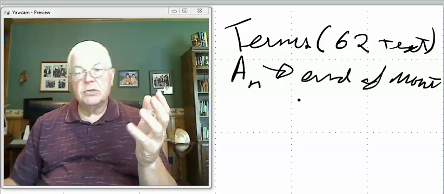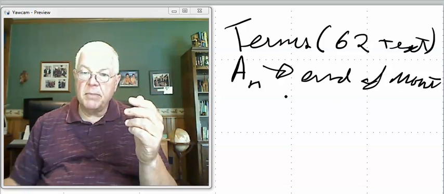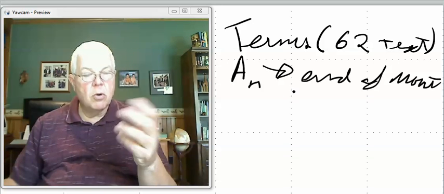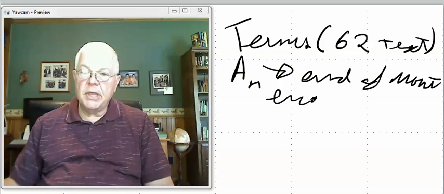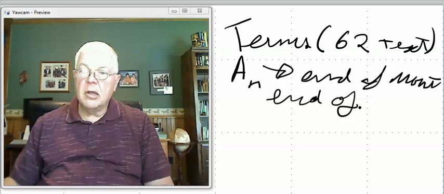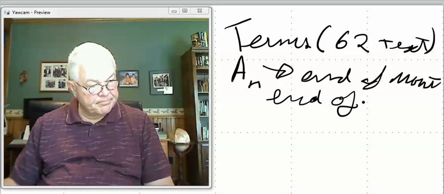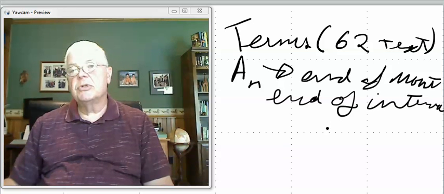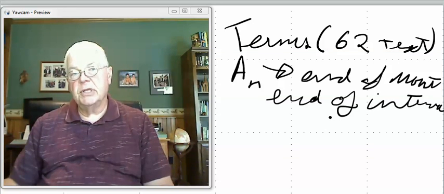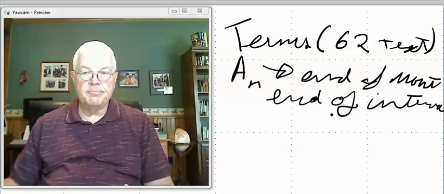Or if we're not talking end of month, maybe we're talking end of year or end of week. So it's really more generally the end of the interval. Now, the interval is something we specify when we're talking about economic terms. Is the interval of interest a month, 2 months, 6 months, a year?